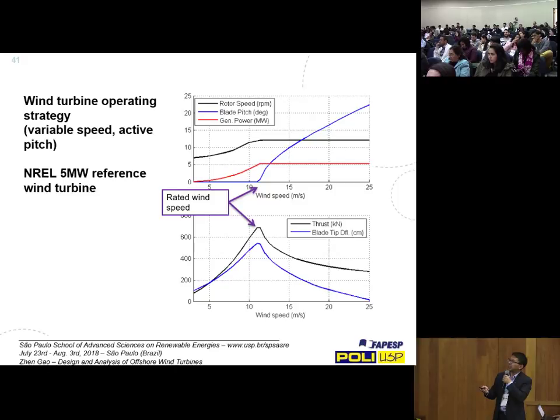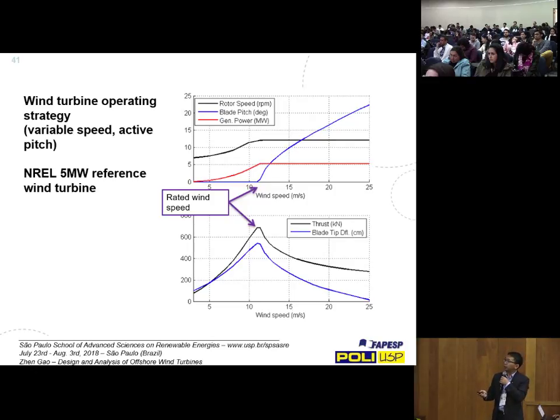And similarly, then you get the power generation. And here, after reaching the rated wind speed, you try to pitch the blade into the wind, so that the power is kept constant. And here I'm also showing the thrust force, which is actually reduced. And then here is the blade tip deformation and so on.